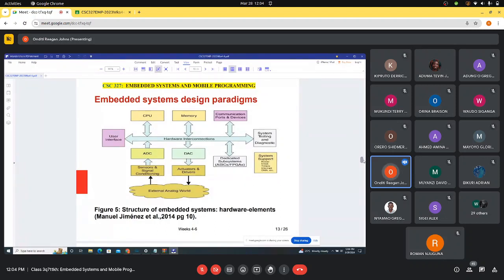So the analog data has to be converted into digital for the computer system, which is digital, to be able to consume it. The other way around, the computer has processed something and would want to give an output, which is an analog signal. So we'll need a digital to analog converter to be able to have what has been processed.